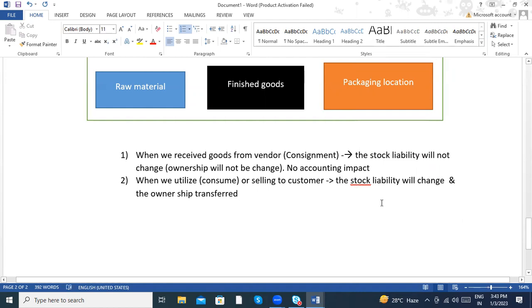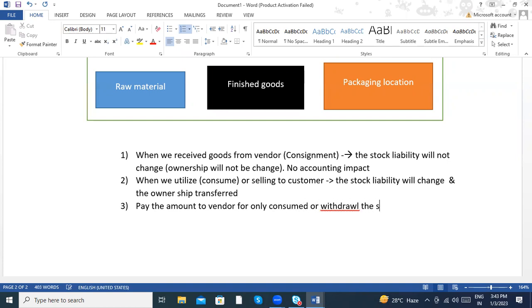After the stock ownership is changed, you need to pay the vendor only for the consumed or withdrawn stock. This consumption, whether utilizing or selling, is the concept of goods issue.